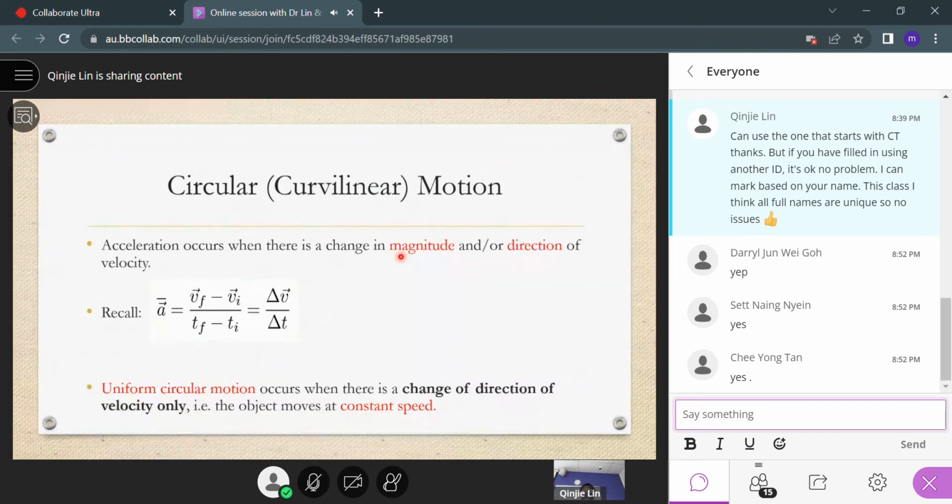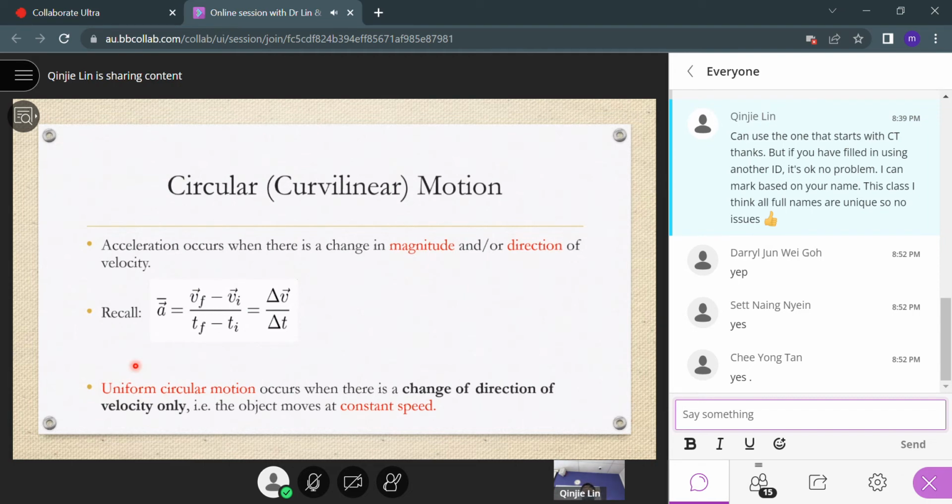It's moving around the circle at constant speed. Not constant velocity, because direction always changes. So if you say moving around at constant velocity, technically something is wrong with the statement. But when we say uniform, it means it's going at constant speed. The magnitude stays the same.